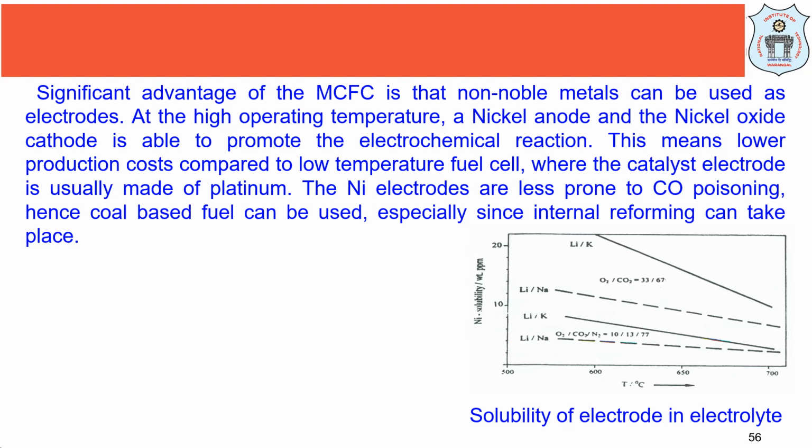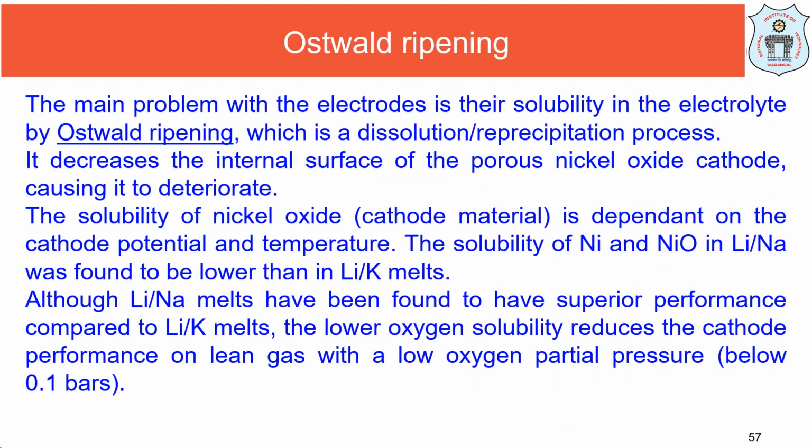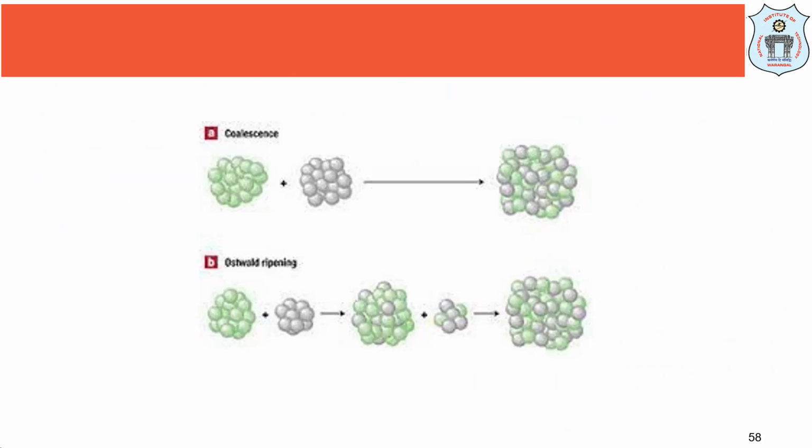Okay, so you can see the solubility of the electrode in the electrolyte also changes when you use different compositions of lithium-sodium or lithium-potassium. So we have another problem with respect to this electrode, Ostwald ripening. The main problem with the electrode in the molten carbonate fuel cell is its solubility in the electrolyte by Ostwald ripening, which is nothing but a dissolution and reprecipitation process. It decreases the internal surface of the porous nickel oxide cathode, causing it to deteriorate.